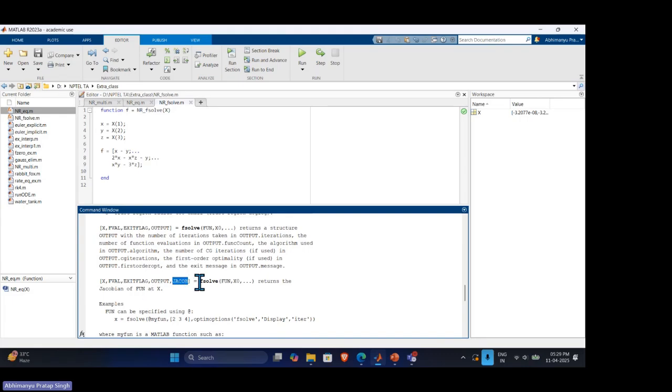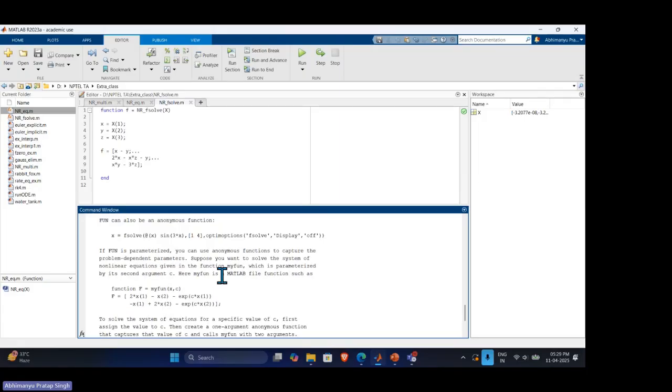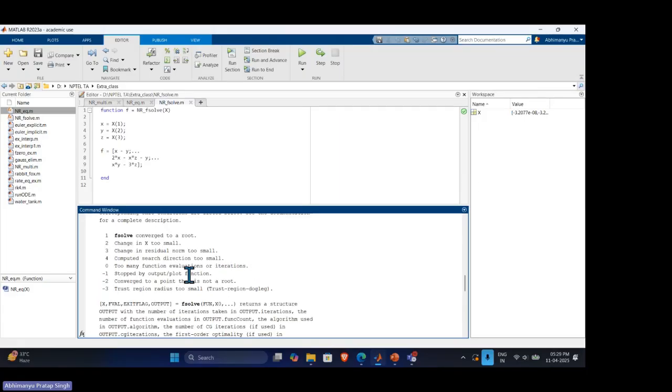Okay. So we will just take the first two values, x and fval, and we can check the exit flag. Exit flag basically means that the problem has solved correctly if exit flag is 1. Otherwise, it is also mentioned somewhere over here, with all the values of exit flag.